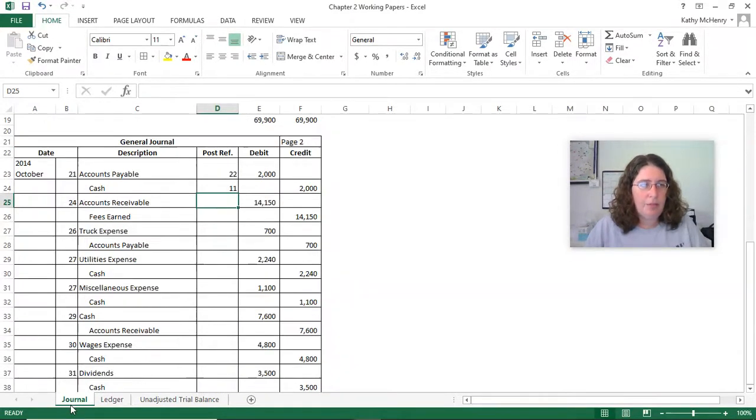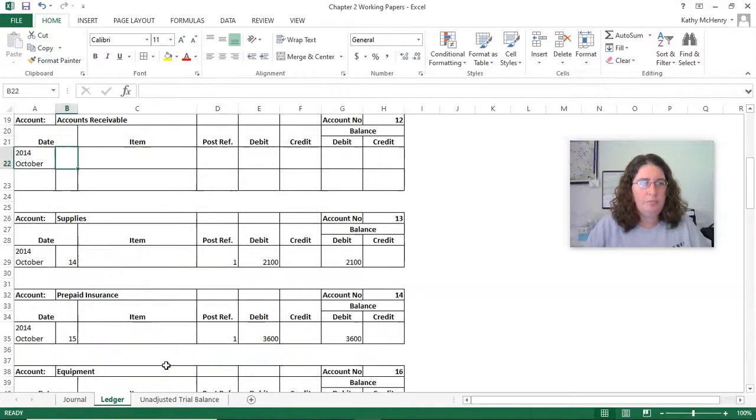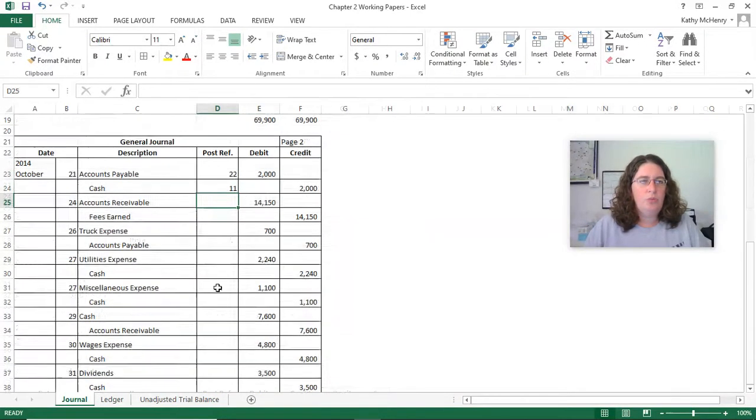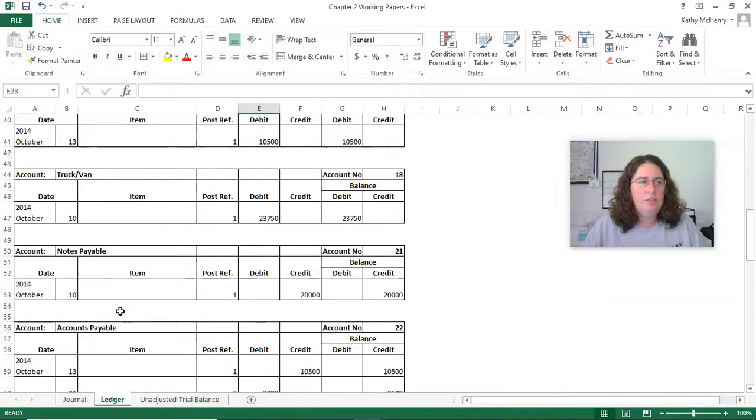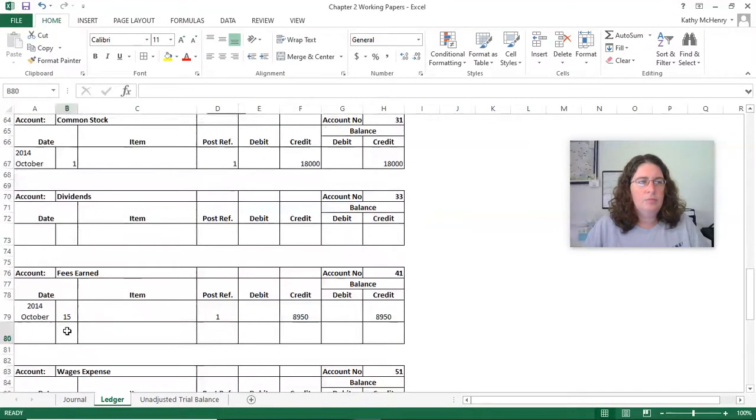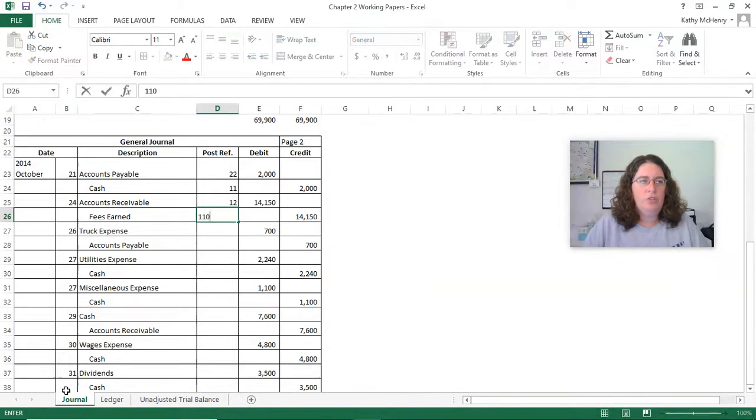And the amount for that matter, 24th, 14,150. Okay, and our account number was number 12. On the 24th, we had a credit of fees earned of 14,150. Okay. And that is number 41 back to our journal.